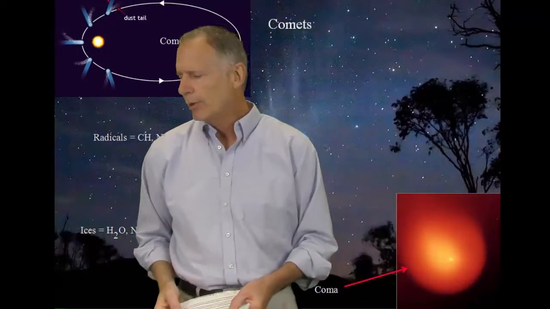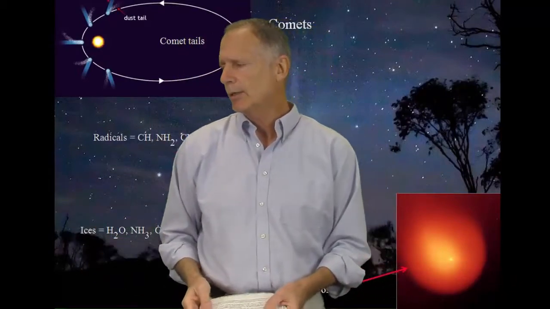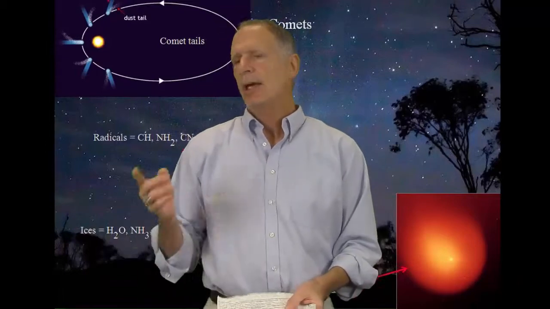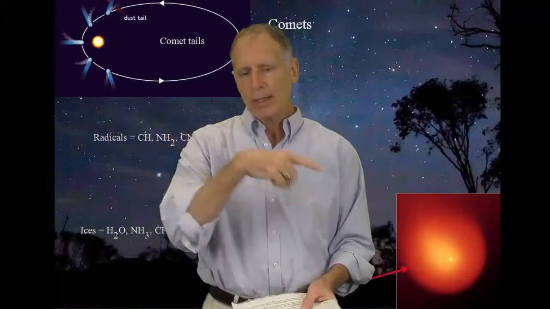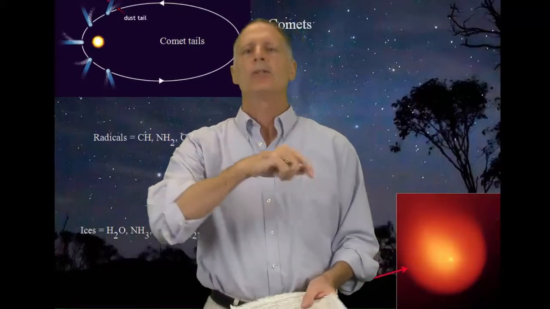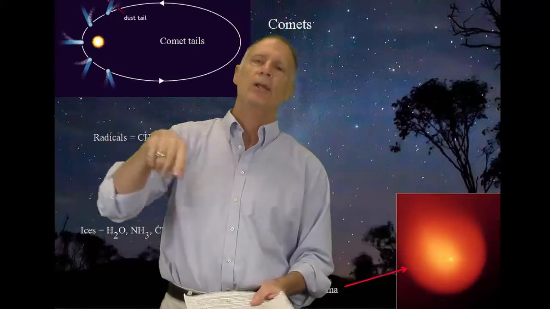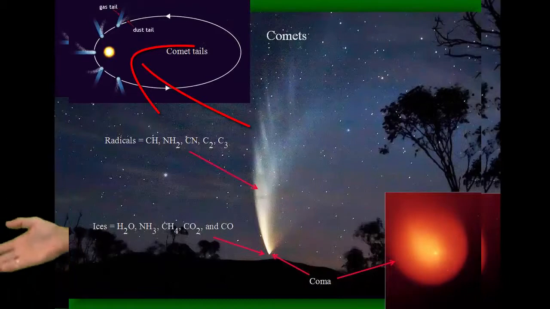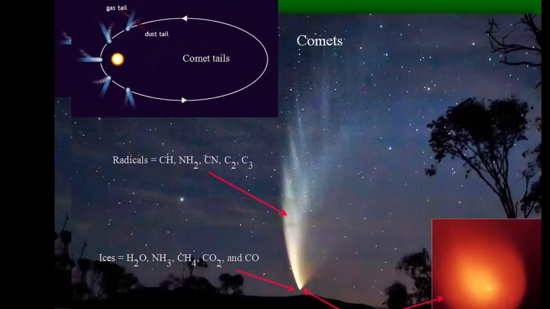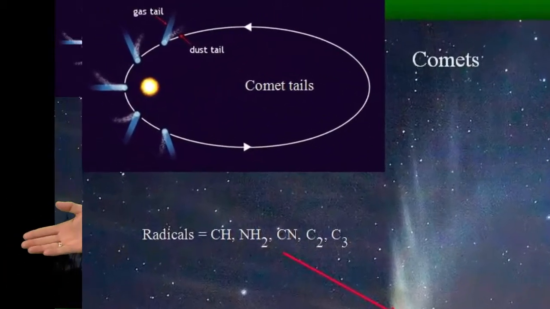The other important thing I think I should emphasize is that when a comet goes around the sun, we tend to automatically think that the tail is going to be in the opposite direction from the way the comet moves. But as you can see in this diagram in the upper left part of the slide, you don't have that at all.